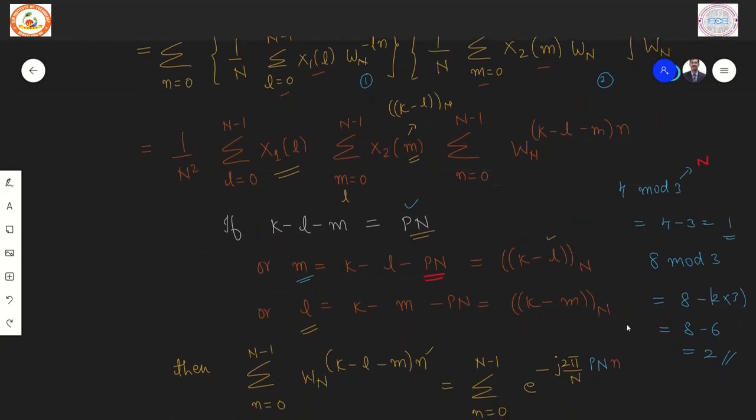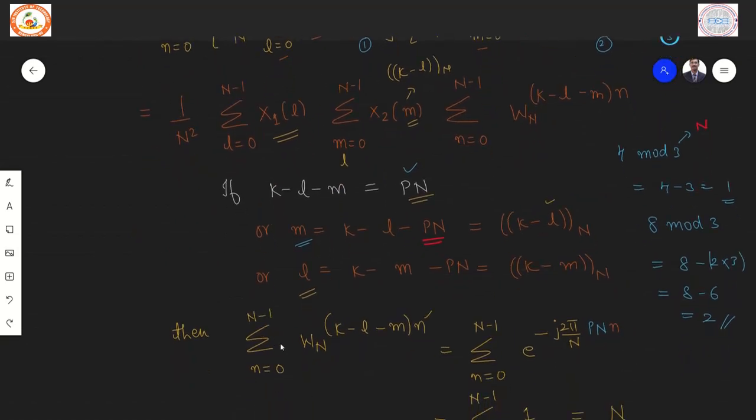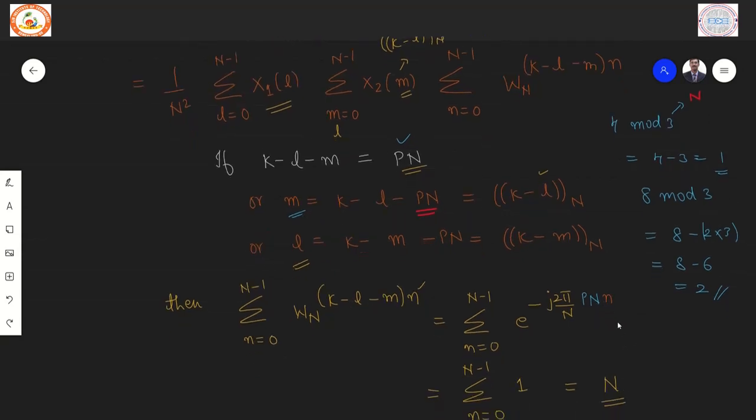Then the last summation, the third summation, becomes summation n equal to 0 to N minus 1, W_N raised to k minus l minus m into n. It becomes summation n equal to 0 to N minus 1, e to the power of the twiddle factor in exponential form, e to the power of minus j2 pi by N. This term we decided to call PN, so we substitute PN times n.